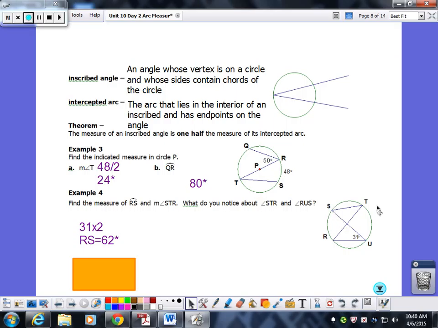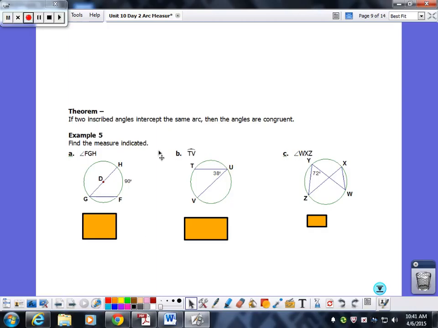Now to find STR, STR is also an inscribed angle with RS as its intercepted arc. So 62 divided by 2, again, STR is going to be 31 degrees. And what do we know about STR and RUS? Well, they're congruent. Next, if two inscribed angles intercept the same arc, then the angles are congruent.